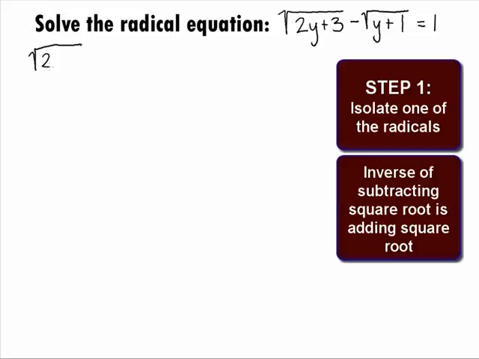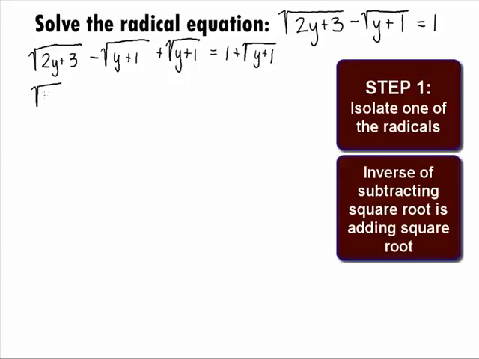When we do this, we get the square root of 2y plus 3 minus the square root of y plus 1 plus the square root of y plus 1 equals 1 plus the square root of y plus 1. This will simplify to be the square root of 2y plus 3 equals 1 plus the square root of y plus 1.